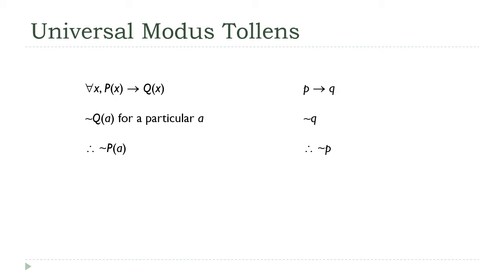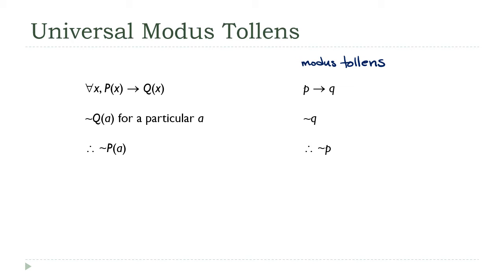Now, I want to make the same kind of comparison here as we did in the previous lecture. So on the left, I've got our new argument form from the previous slide, and on the right, I've got the form of the Modus Tollens argument. Like we saw previously with the Modus Ponens versus universal Modus Ponens comparison, there are some strong similarities here.